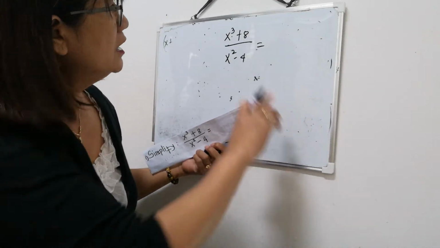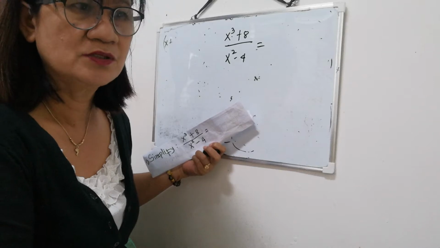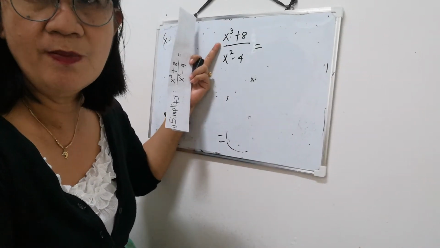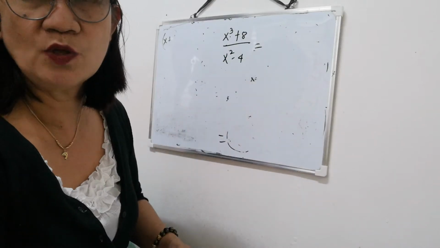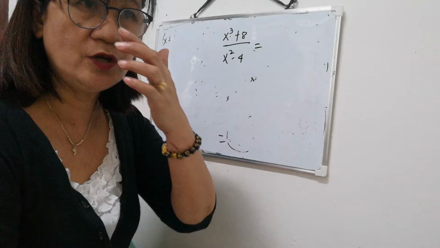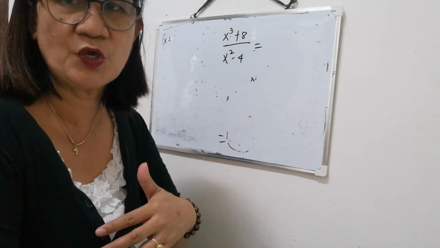Mag-check. Anong klaseng factoring ang gagawin ko dito sa numerator? So, titignan mo. Our first term is a perfect cube. Our second term is also a perfect cube. So, ang gagamitin natin ay factoring sum and difference of cubes.